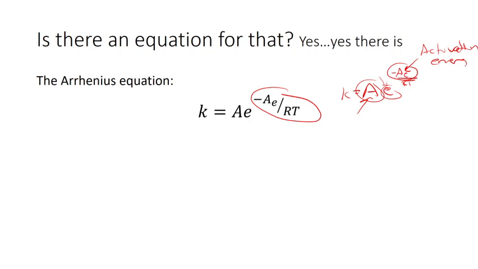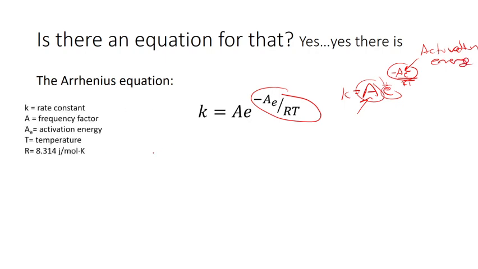Up here. So in this, K is our rate constant like we have been talking about. A is a frequency factor that is nearly constant at a given temperature. Ea is the activation energy.